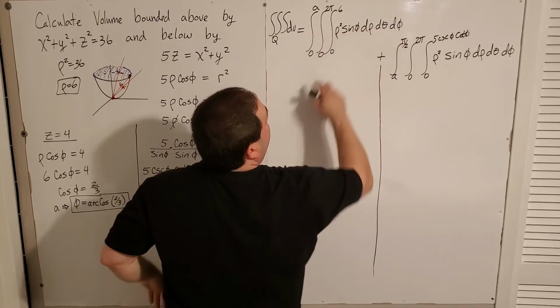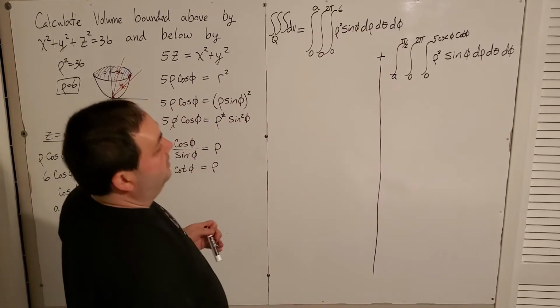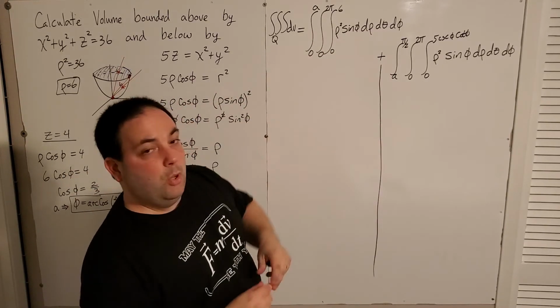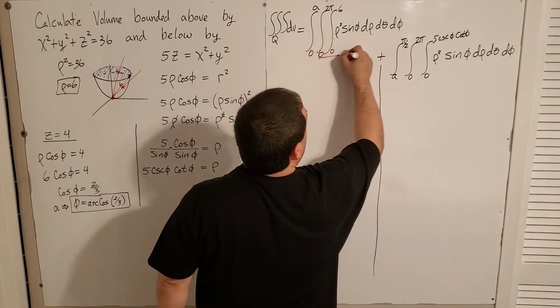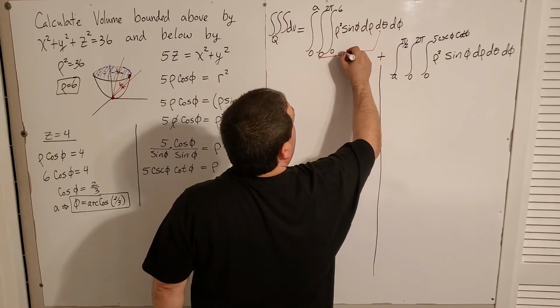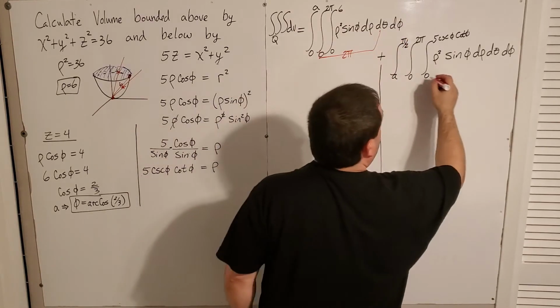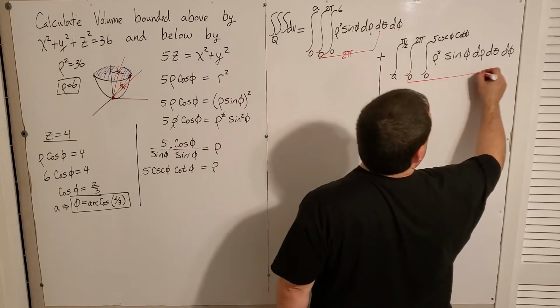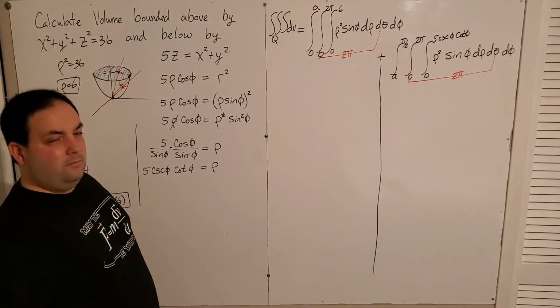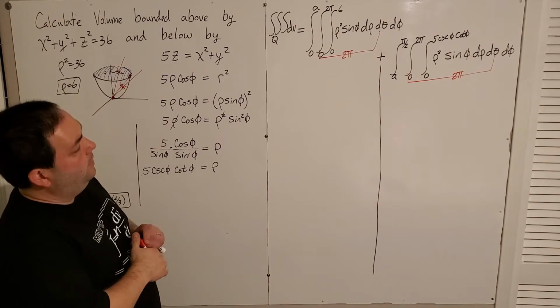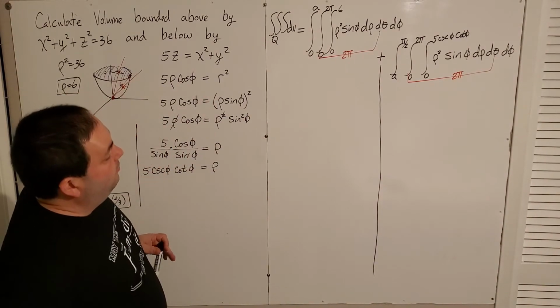Notice there's no other theta dependence. And actually that's true for both of them, right? For both integrals, if I'm integrating d theta, I'm going to get 2 pi in both of them. Because there's no theta dependence anywhere else in either one of those integrals. Okay? So I'm just going to get a big old 2 pi out in the front of both of those.